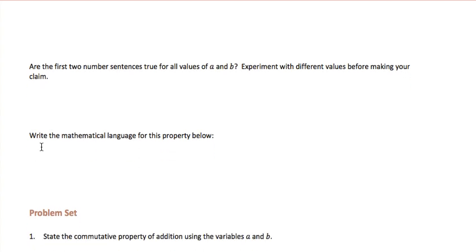And finally, our mathematical language for this property: A plus B equals B plus A. And A times B equals B times A. These are the commutative property.